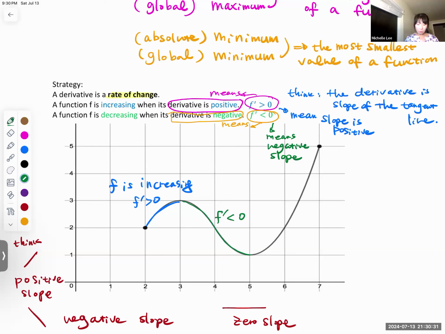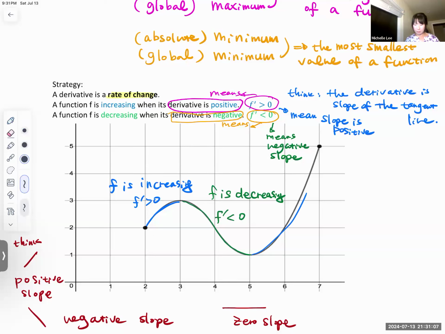So this is increasing, the graph goes this way. And then we call this decreasing, the graph this way is decreasing. F is decreasing.